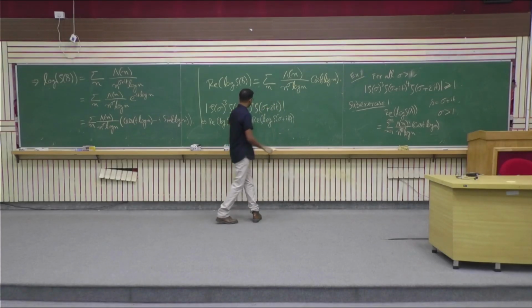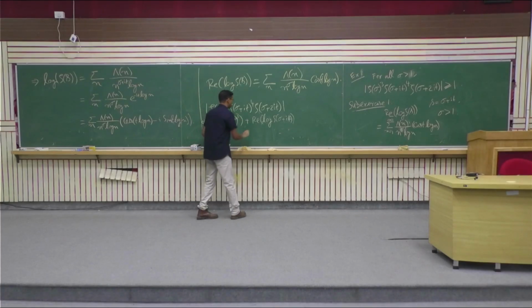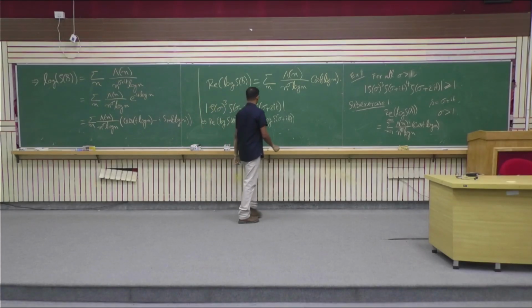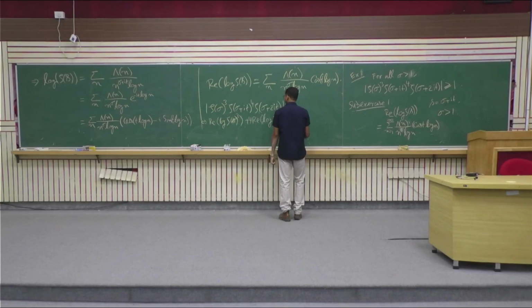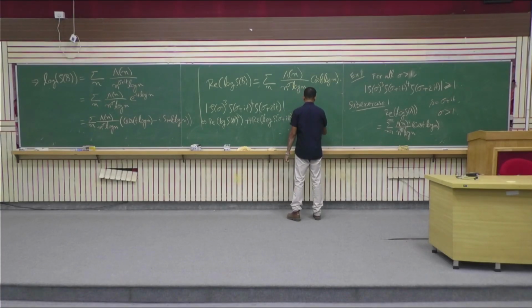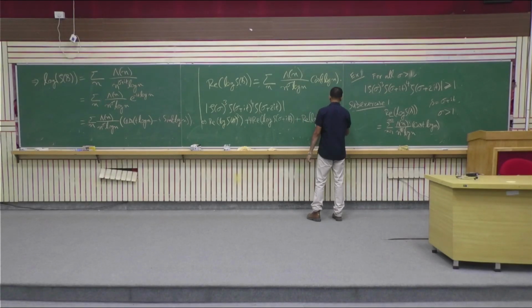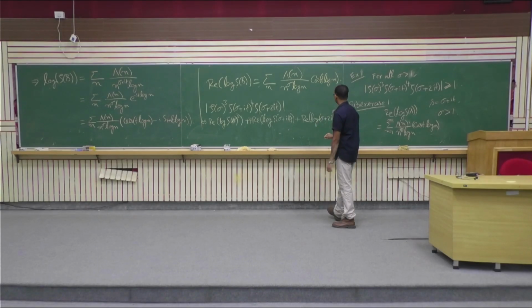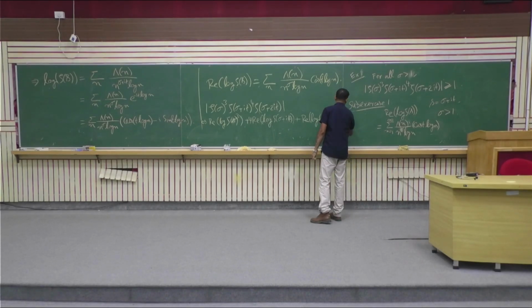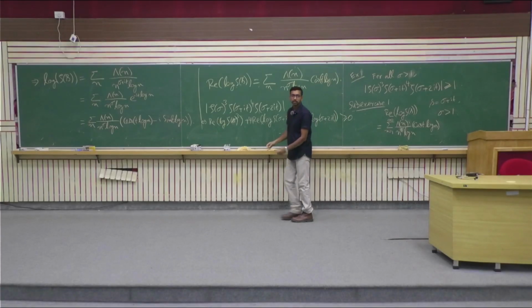The whole power 4 can just come out, so it would be 4 times this, plus real part of log of zeta of sigma plus 2it. This thing is greater than or equal to 0, right? Just have to show this.